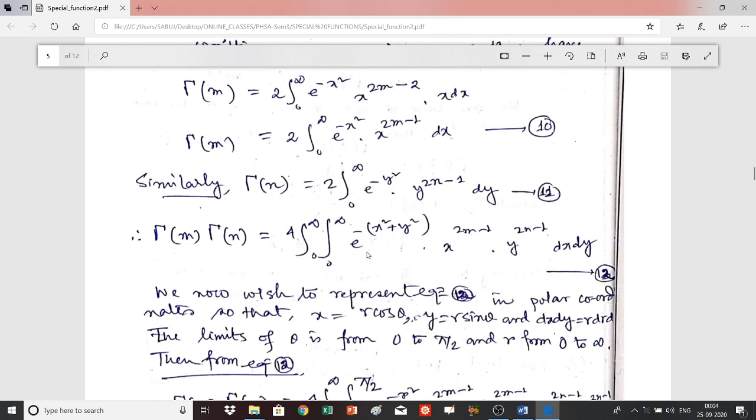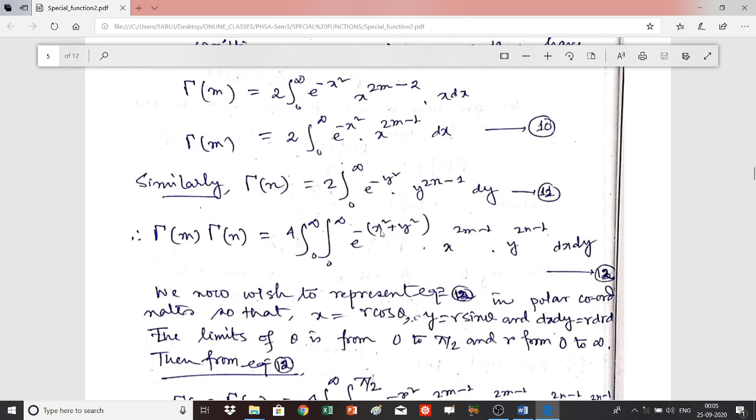Now let us consider that we wish to convert this expression, the product of gamma m and gamma n, from Cartesian coordinates to polar coordinates, that is in terms of r and theta.